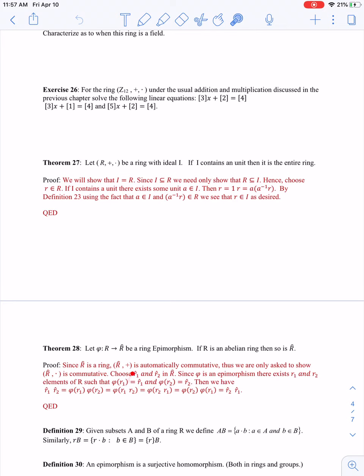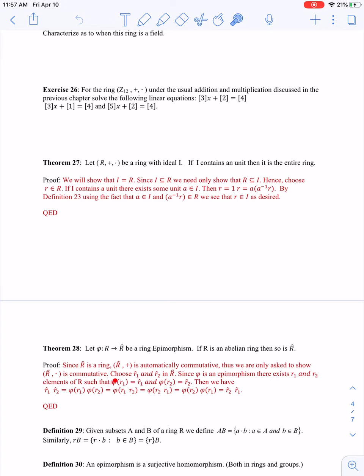All right. So I pick two things in R hat over here. Since phi is an epimorphism, there is an R1 and R2 such that phi of R1 is R hat 1 and phi of R2 is R hat 2. Then R hat 1 times R hat 2 is phi of R1 times phi of R2.